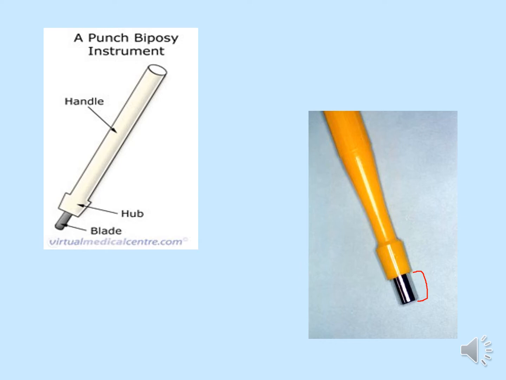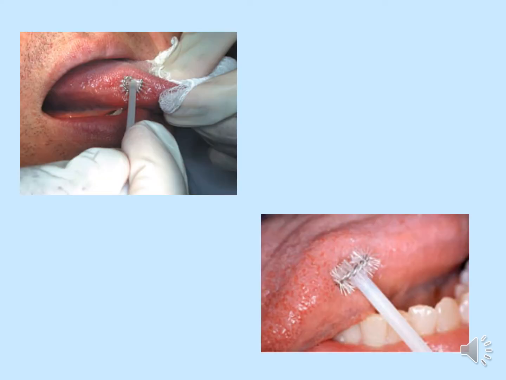We will discuss each biopsy procedure in this lecture. This is an example of a brush, an oral brush, a circular brush which is used to scrape cells of the mucosa. So this is an example of brush biopsy.